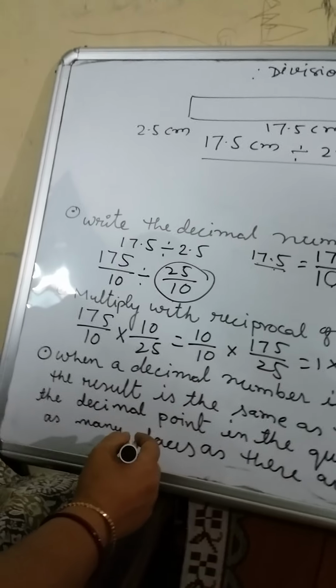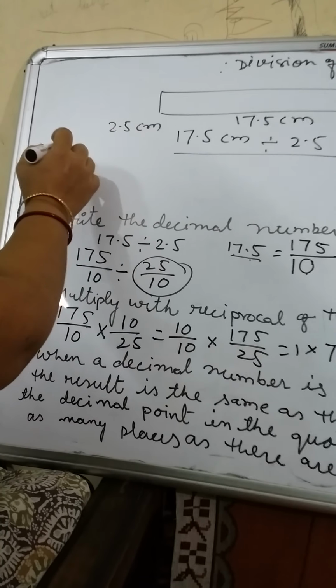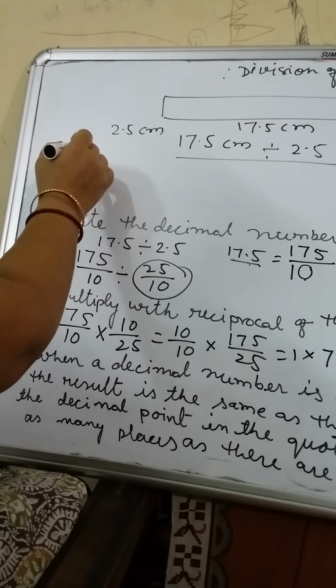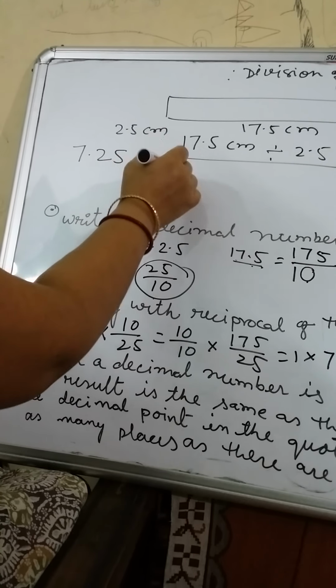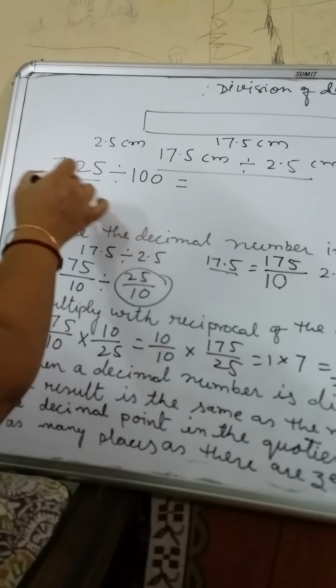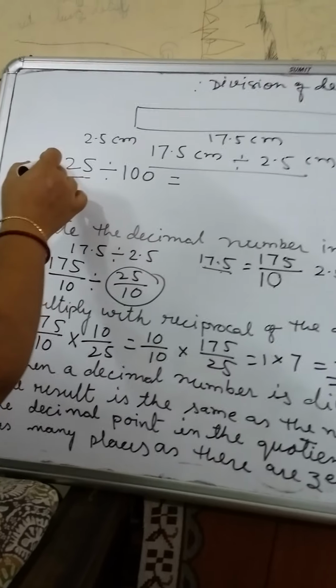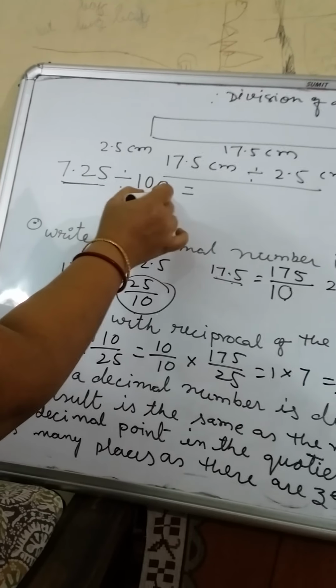For example, I have to divide 7.25 by 100. What I have told you is that the digits will remain the same, and the decimal will shift towards the left. How many zeros? 2 zeros.